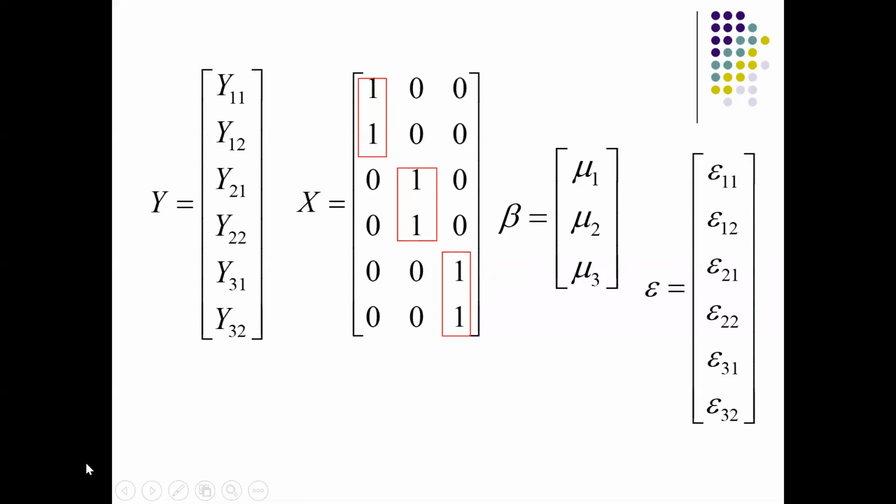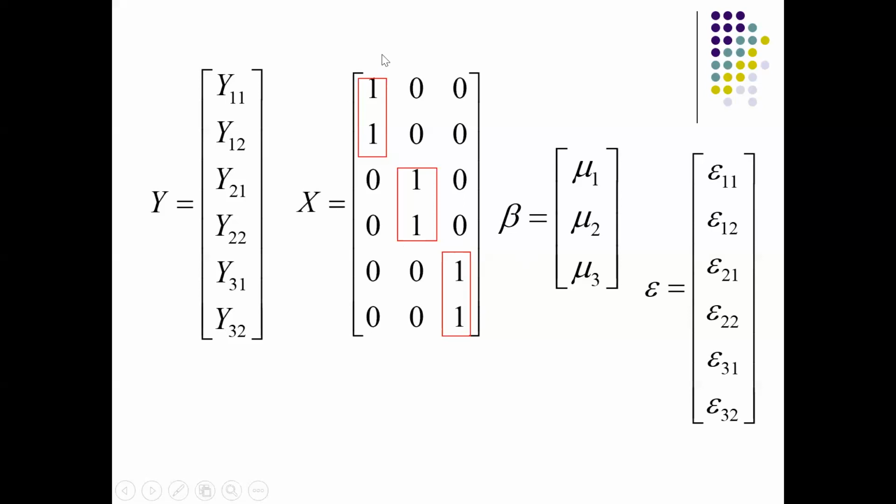So that's the rows. In this case, the rows of the design matrix correspond to the 6 patients. But now the columns correspond to what we're estimating. With the cell mean model, we're estimating 3 parameters.